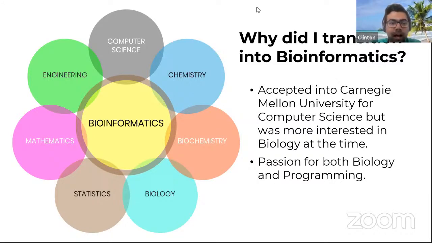Because of that, I got exposed to different disciplines such as statistics, mathematics, engineering, computer science, something that a person who just did biology might not generally be exposed to. So it did give me a lot of variety, and I did enjoy that, and I still enjoy it.